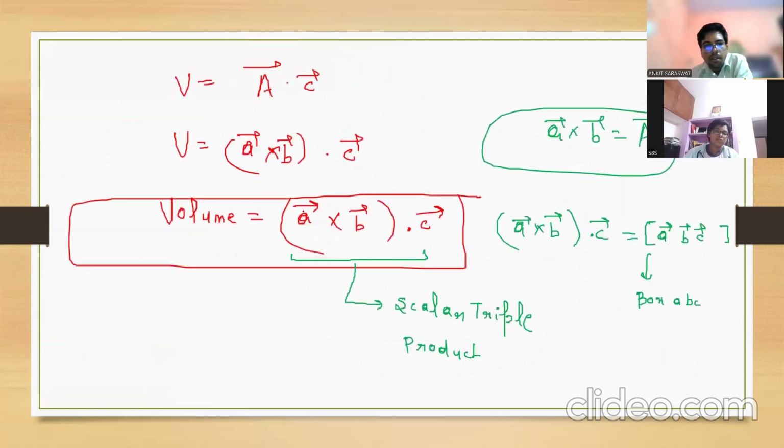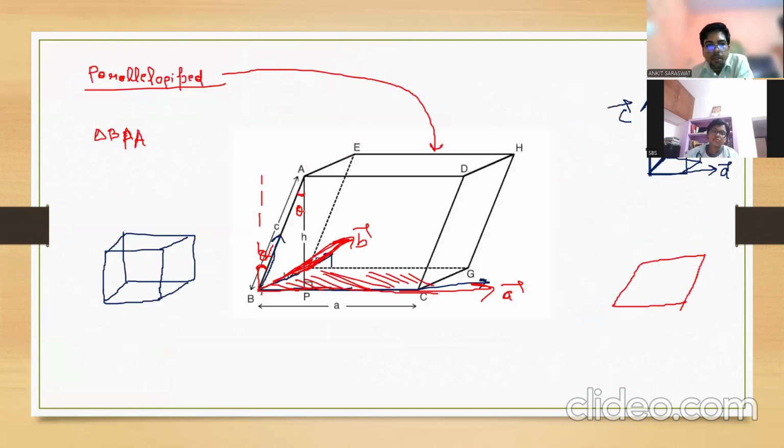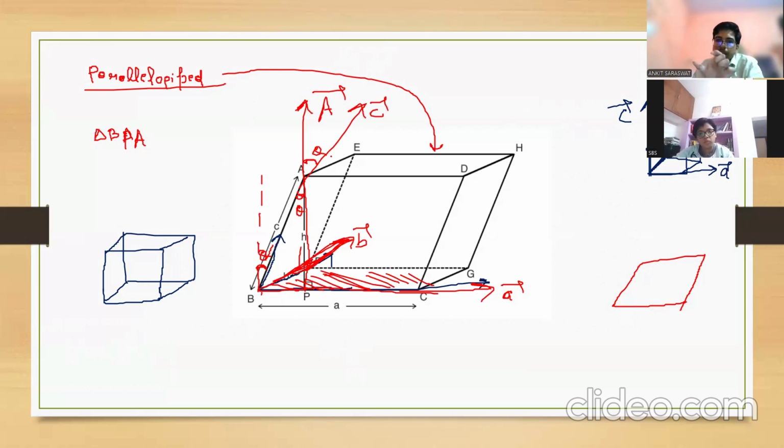If you look carefully at this first shape, here area vector will be like this, perpendicular, and C vector is like this. What is the angle between these two? Same angle, theta. Clear? Understood?